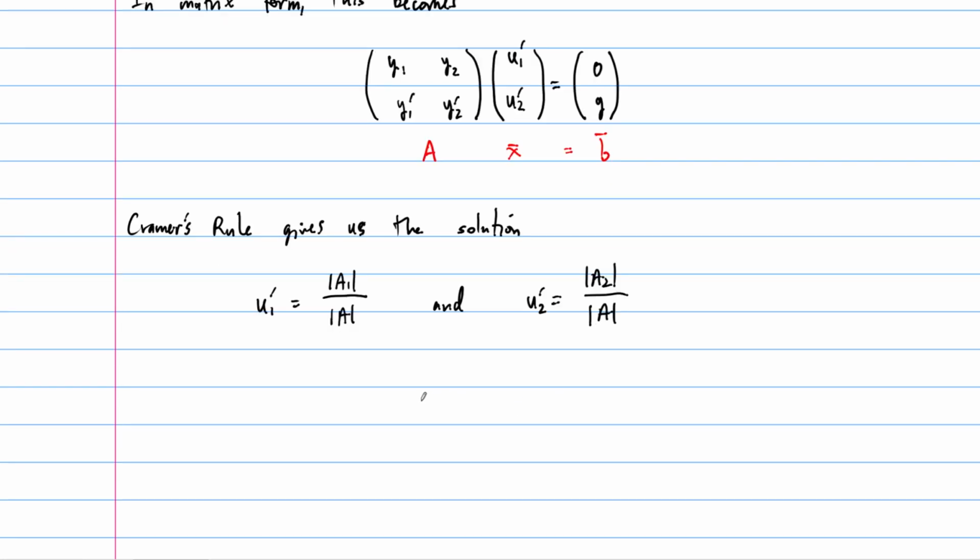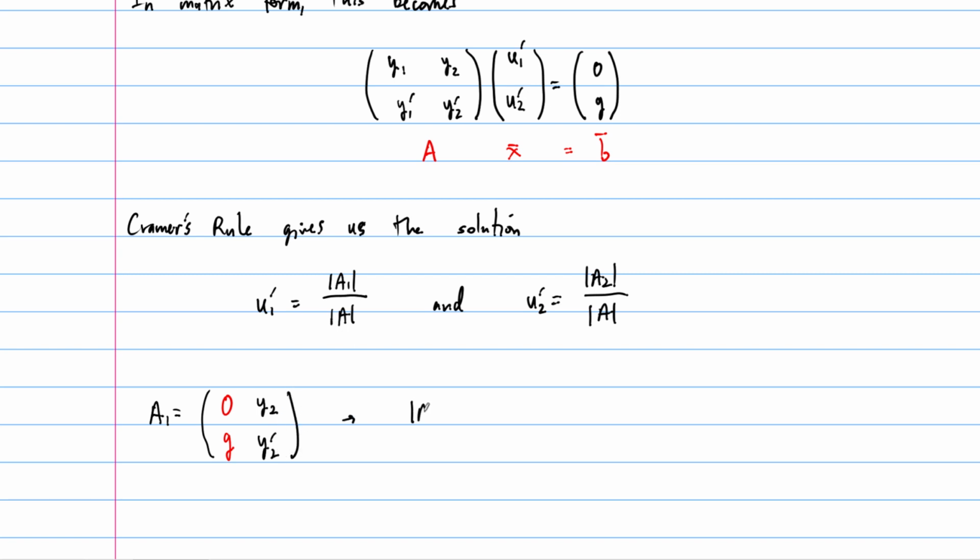We need to write down exactly what these are. Remember how this works in Cramer's rule: for A1, we replace the first column with the vector b. So this is 0 and g, and then the second column stays the same, y2, y2 prime.